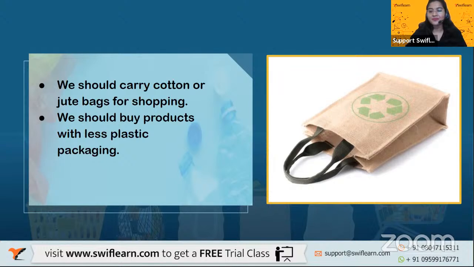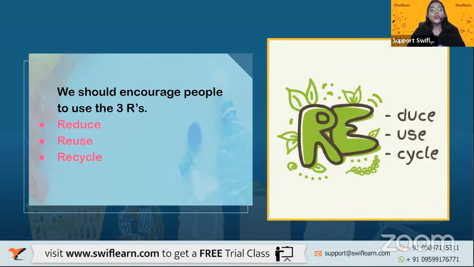Yes. So we should encourage people, our family, friends, neighbors, everyone, to do three things with plastic. The 3 R's we should always keep in mind. First is reduce, second is reuse, and third is recycle.